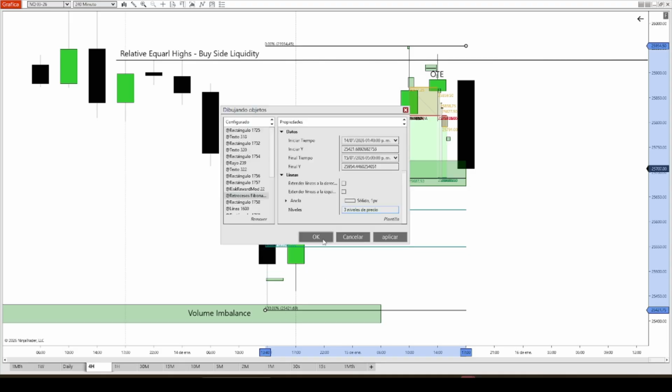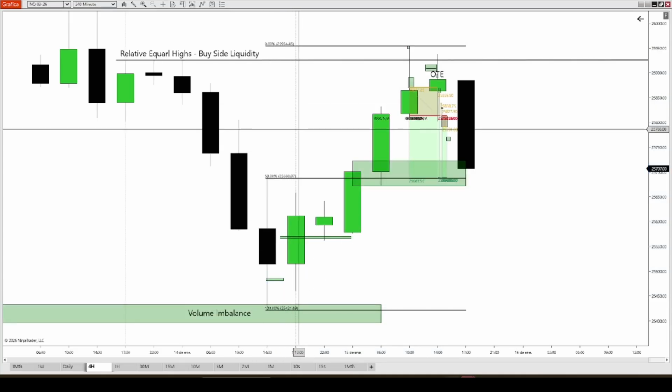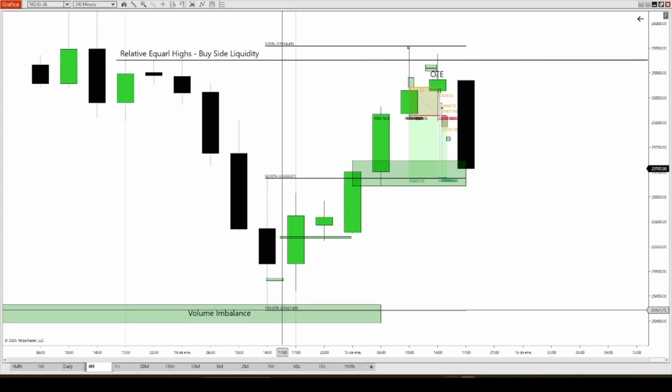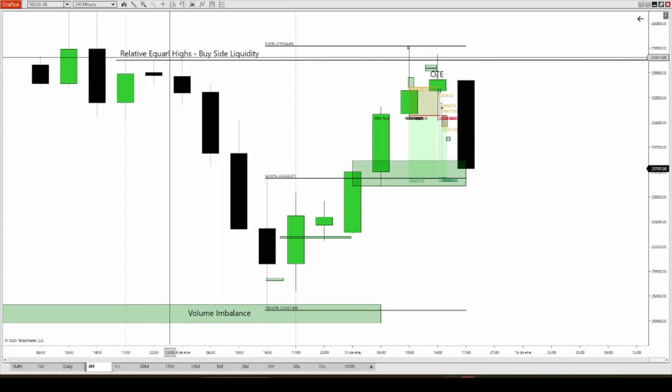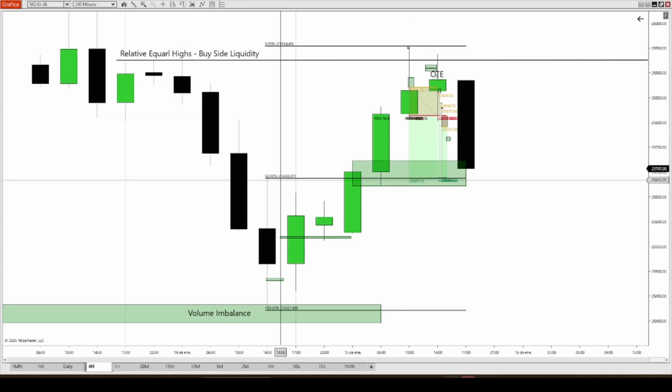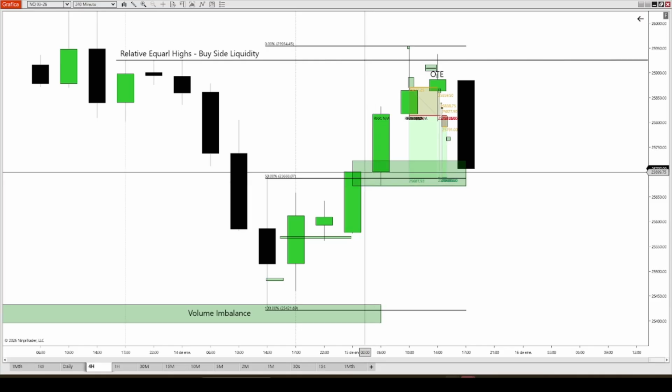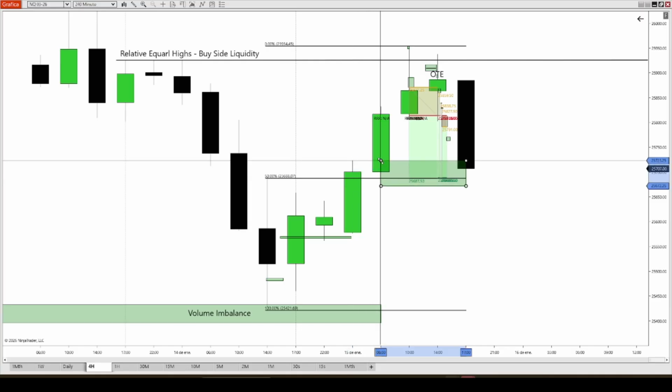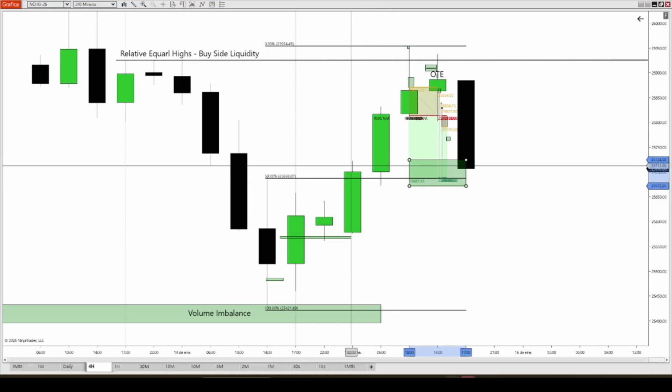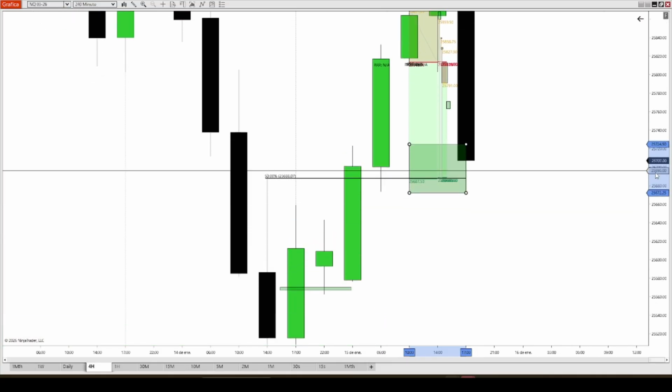So our levels were the volume imbalance at the start of the move, relative equal highs at the end of the move, the price range, the midpoint equilibrium, and the balanced price range, right there.